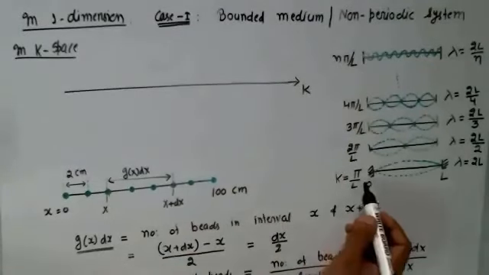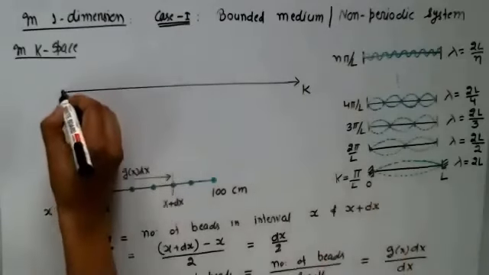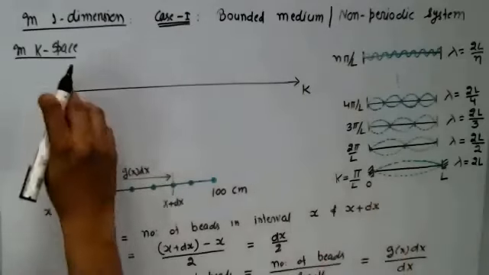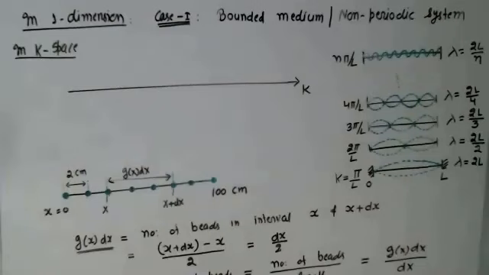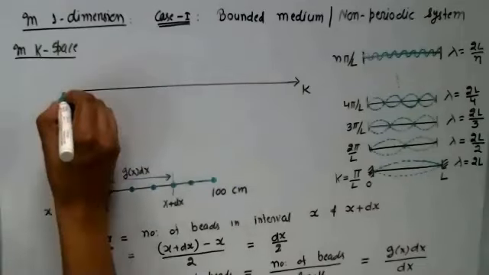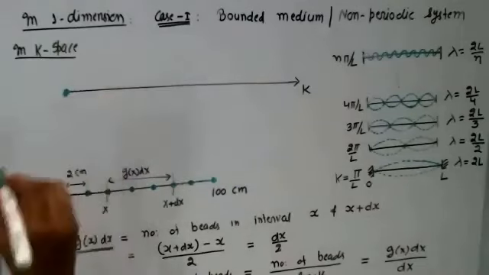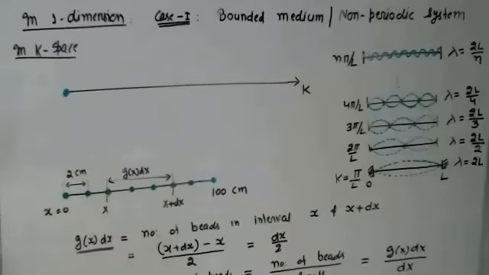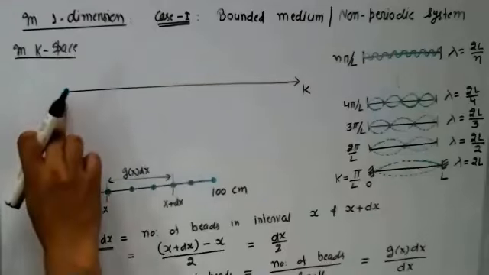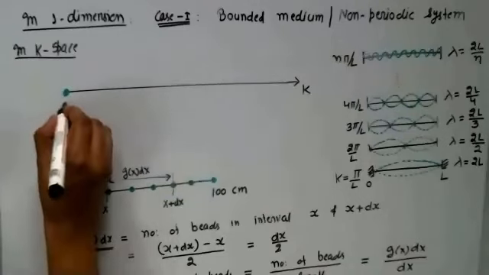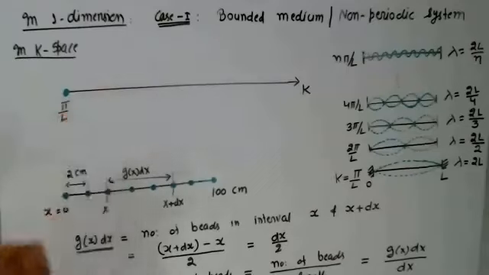This first state, k equal to pi by L, I can show by a dot here, or maybe I can use a different color again. This first dot represents the value of k, which is nothing but pi by L.